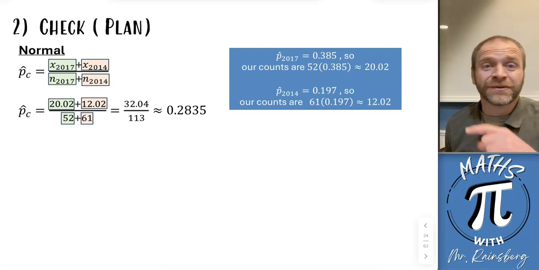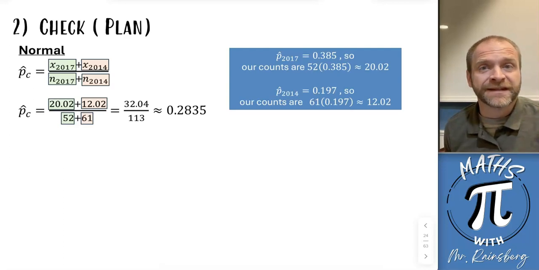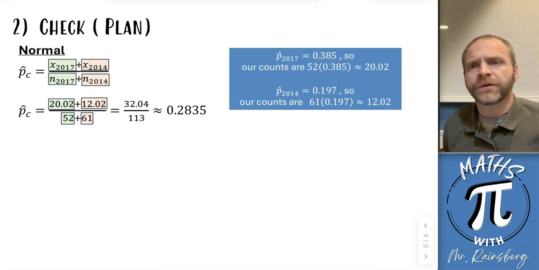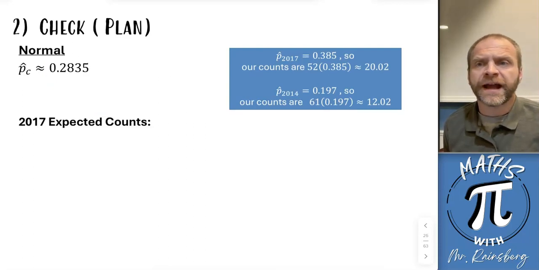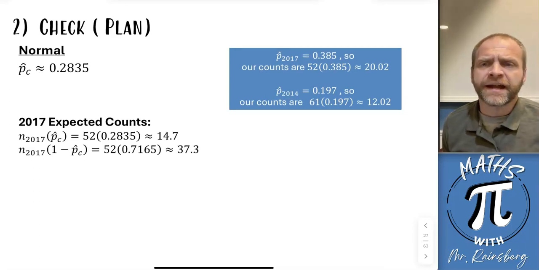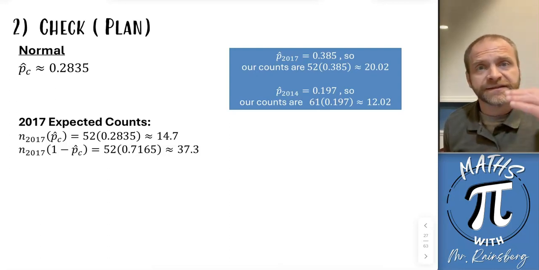So we had to do all this work to figure out how many successes and failures in 2017 and 2014 to get that p hat sub c. Now I'm going to look at the number of successes and failures in both samples. With my p hat sub c of about 0.2835, I'm going to look at the expected counts in 2017. I multiply 0.2835 and its complement by the sample size of 52, and I get 14.7 and 37.3 successes and failures.